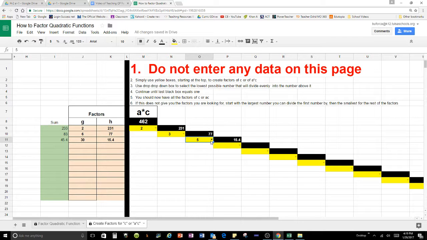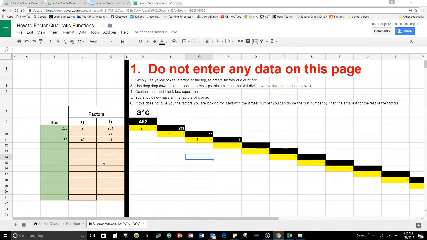That's a decimal, so we can't use that. Let's try 7. Okay, 7 divides evenly, but it's still not equal to 47. And here we don't have any numbers that can divide into 11, so we don't have any numbers that represent 47 here.